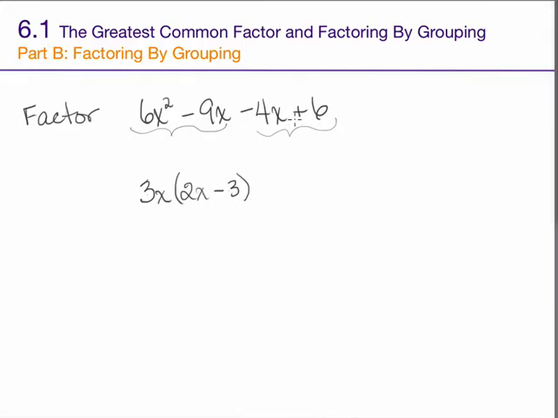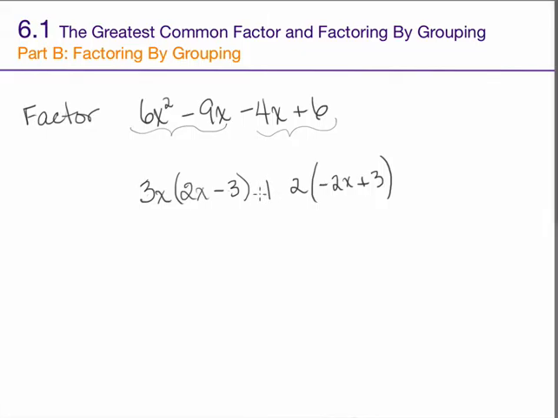Now we need to deal with these two terms. What do 4x and 6 both have in common? 2. No x here, so I can't undistribute an x. What's left over? This is actually a bit of a problem area. What do I need to multiply by 2 to get negative 4x? Negative 2x. What do I need to multiply by 2 to get 6? 3.